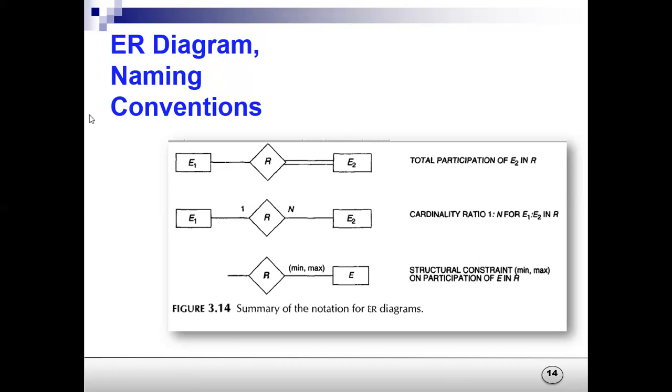Just think, when you have conventions like this, a single line and here a double line, what does this double line mean? It means total participation, here total participation of E2 is there. Here E1 has a single line, it means partial participation, and where there is a double line, it means E2 has the total participation.